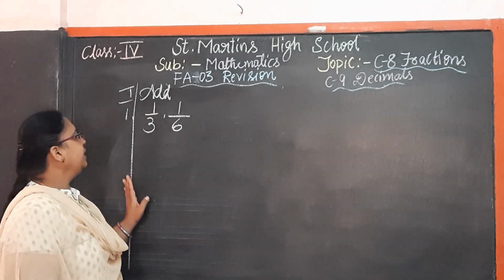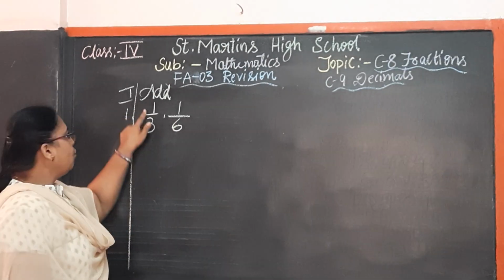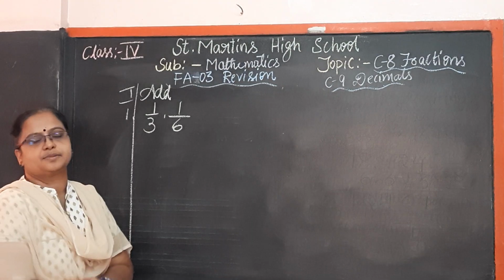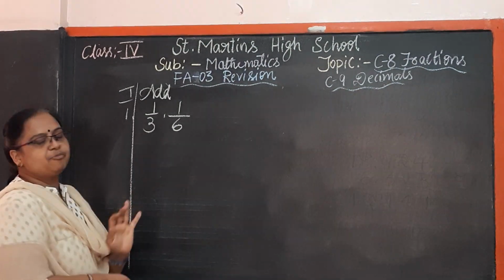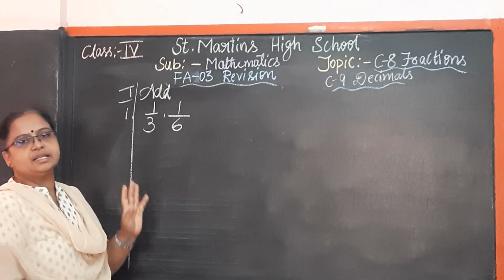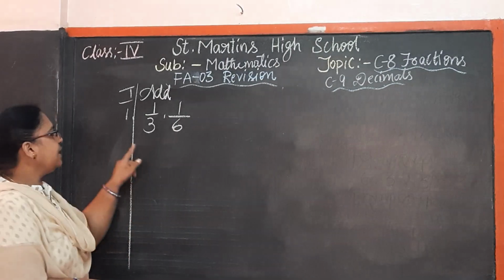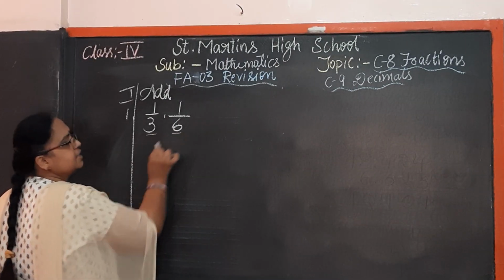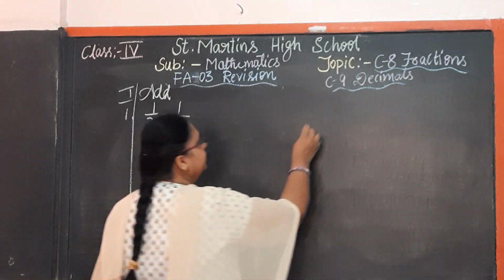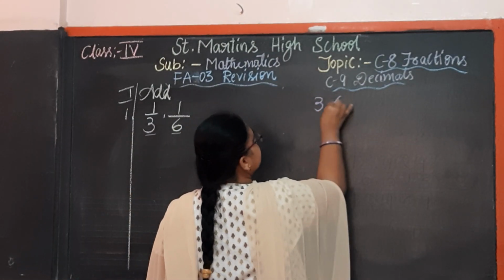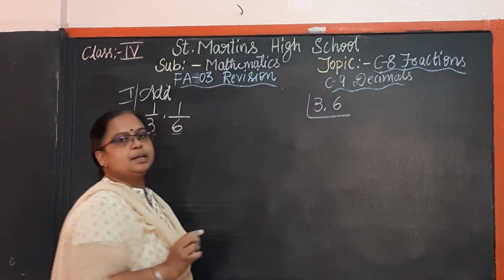Yes children, in this way you have to add these fractions. 1 by 3 plus 1 by 6. Okay, what is the first step you have to follow? This is the question. 1 by 3 and 1 by 6. First we have to take the LCM for 3 and 6. Let us take the LCM for 3 and 6. Both are multiples of 3.